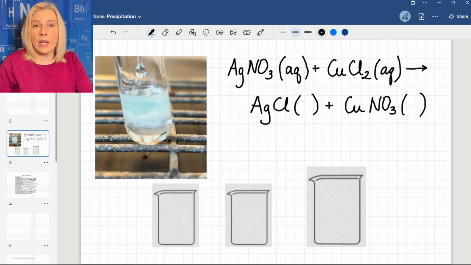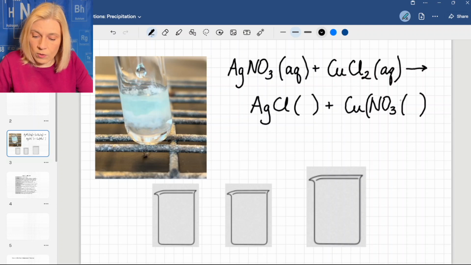So silver has a +1 charge, chloride has a -1 charge, so my compound, silver chloride, is good. But for copper nitrate, copper has a 2+ charge, nitrate has a -1 charge, so I need 2 nitrates. This has to have 2 here.